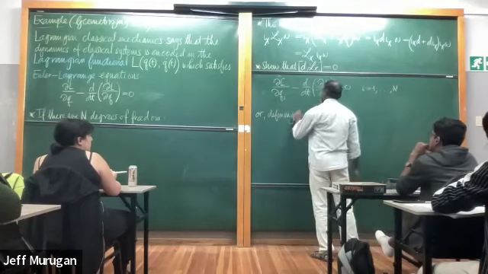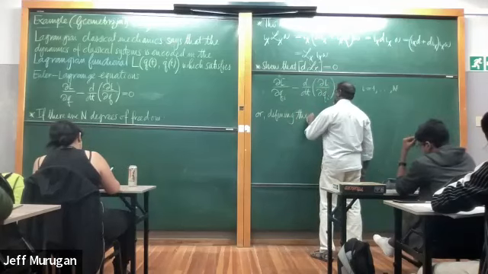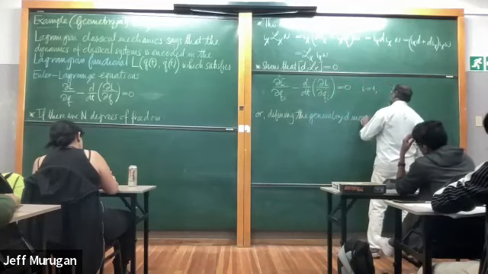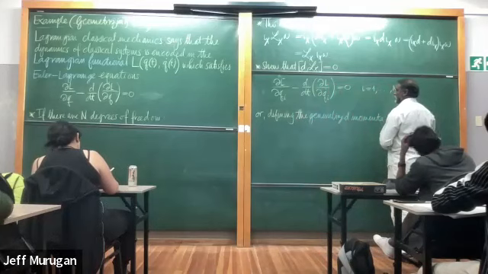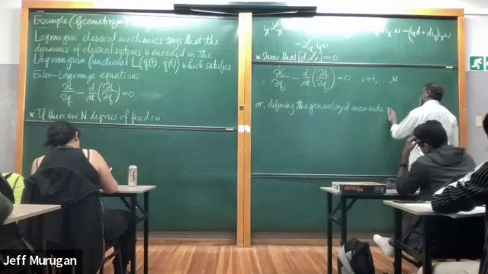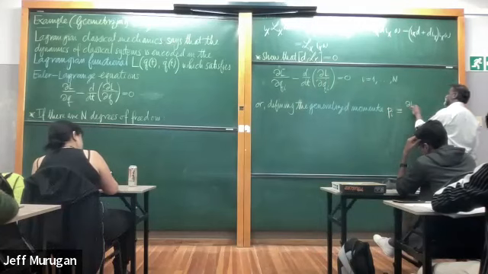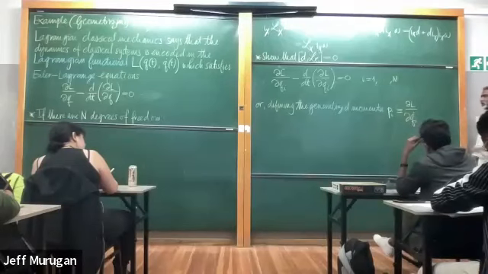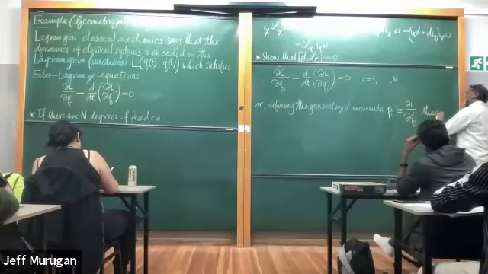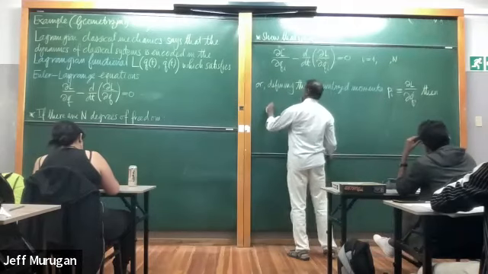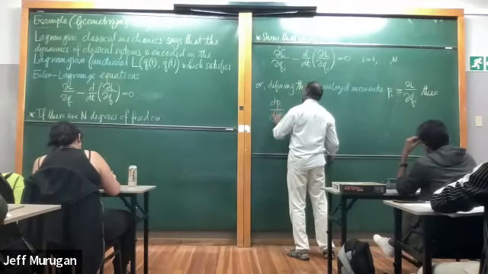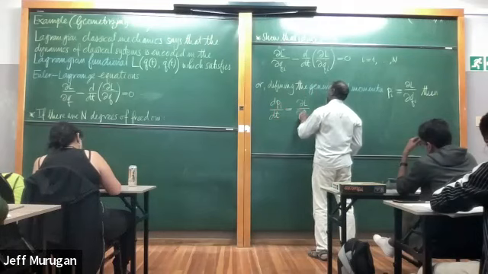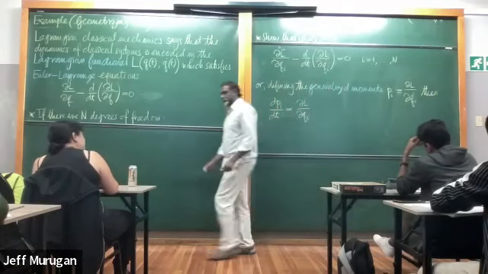So if we define the generalized momenta p_i as dL by dq_i dot, then the Euler-Lagrange equation is basically the statement that dp_i by dt is just dL by dq_i.